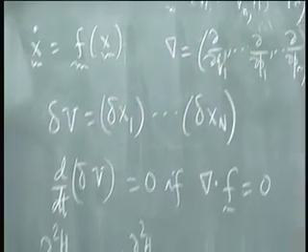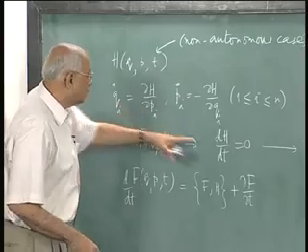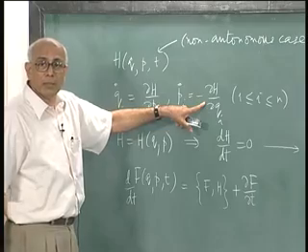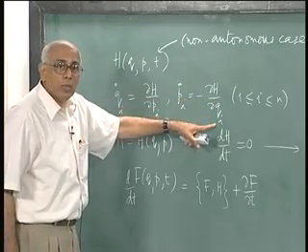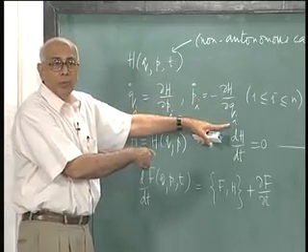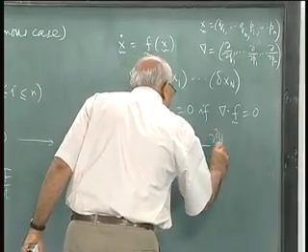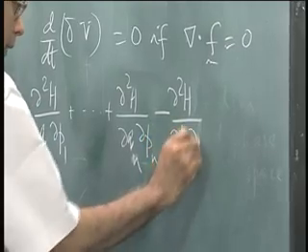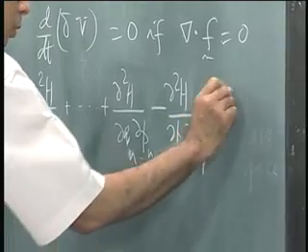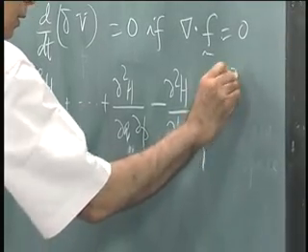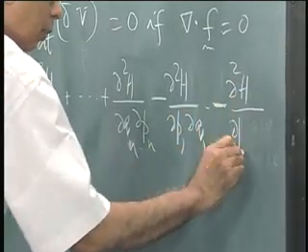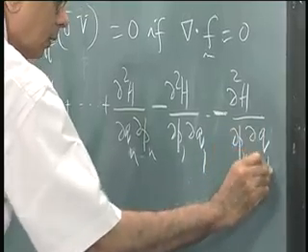But what is that equal to? That is equal to a minus delta h over delta q1 differentiated with respect to p1. So the next term is minus d2h over delta p1 delta q1 up to, with a minus sign, d2h over delta pn delta qn.